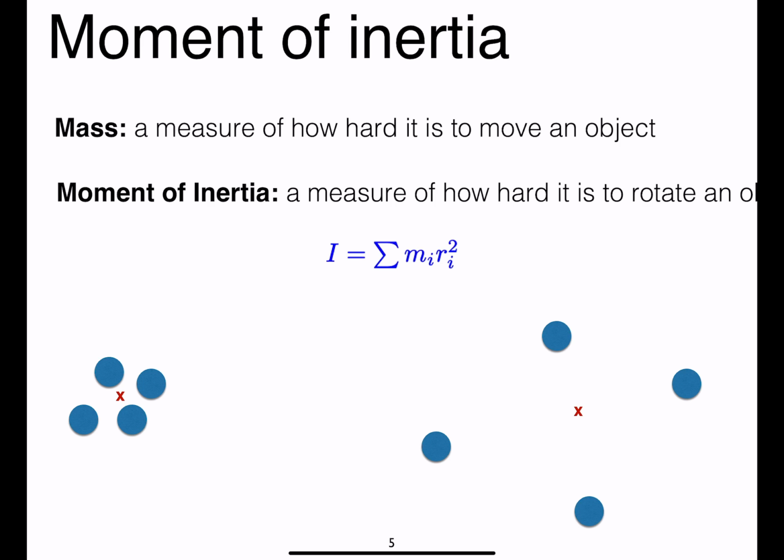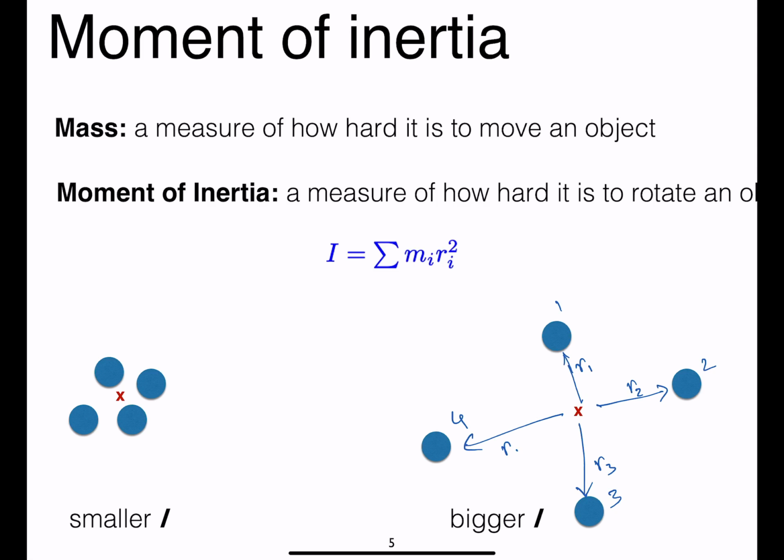In this case, inertia is given as the sum of m_i r_i squared. Let's consider particle 1, 2, 3, 4, at distances r1, r2, r3, r4.